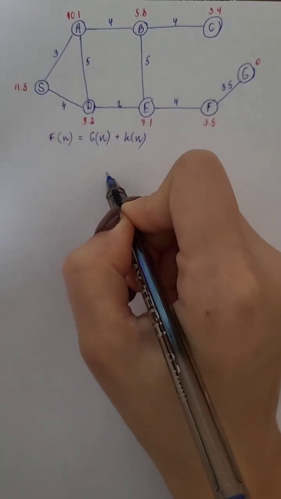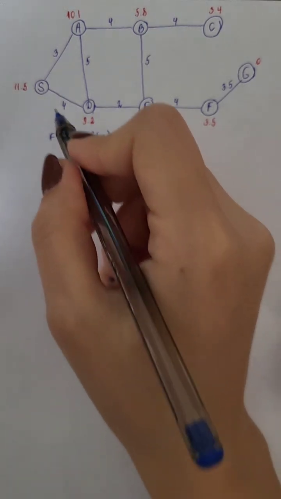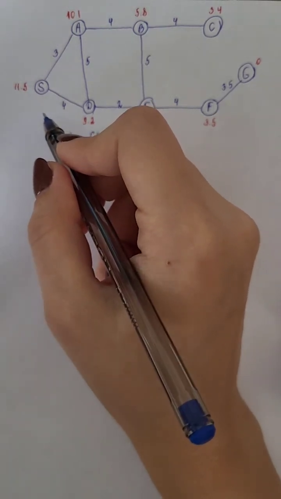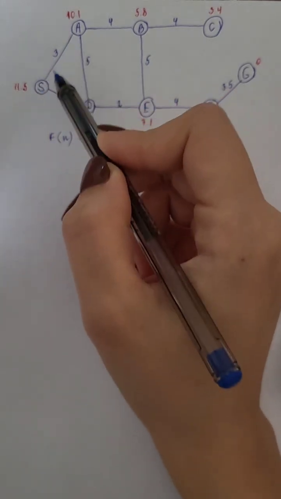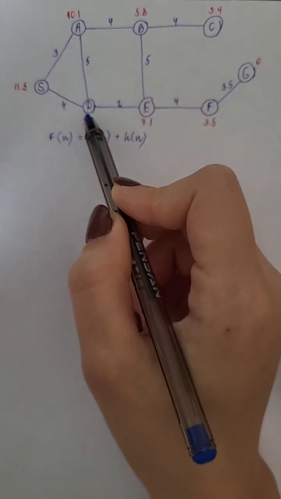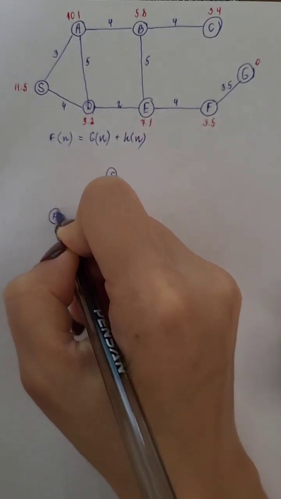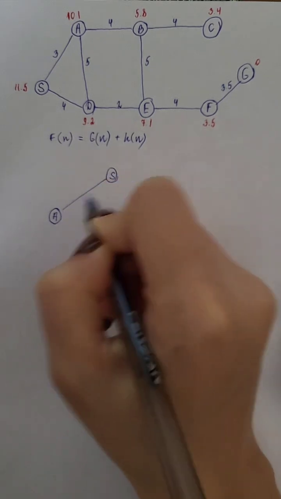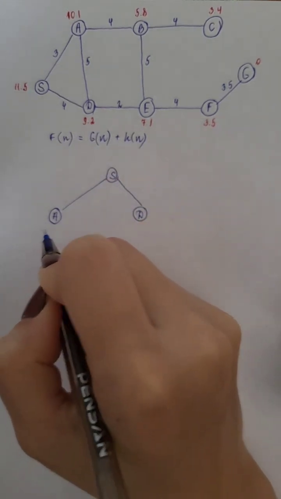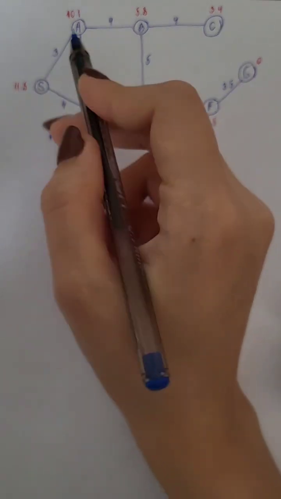I will write here. And you see, we have two neighbors here, A and D. So I will write here. Alright. What's the cost from S to A?